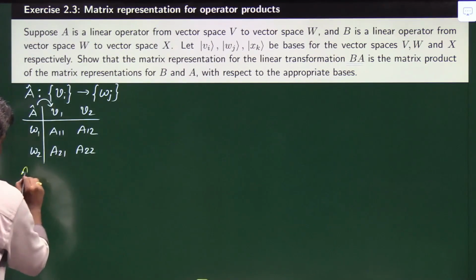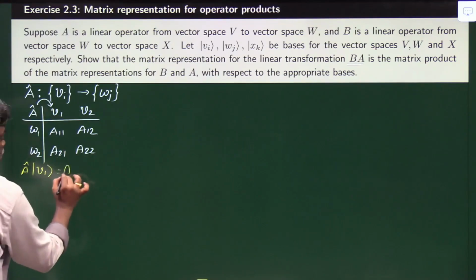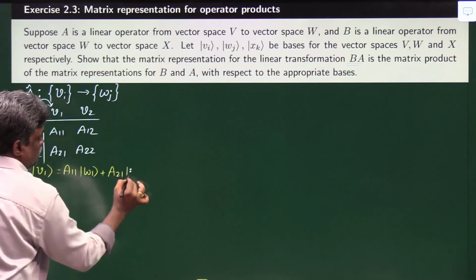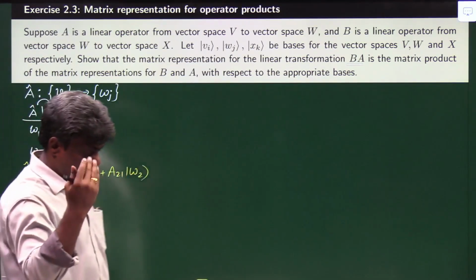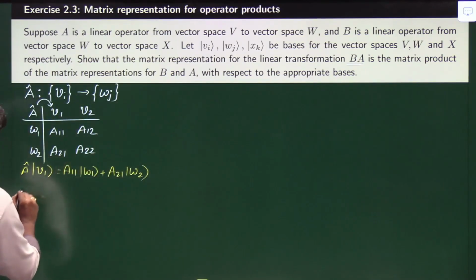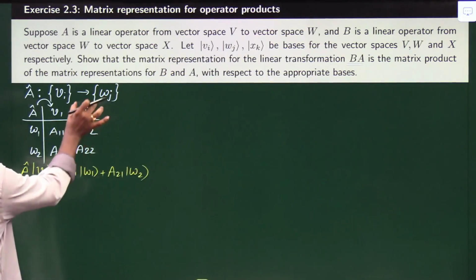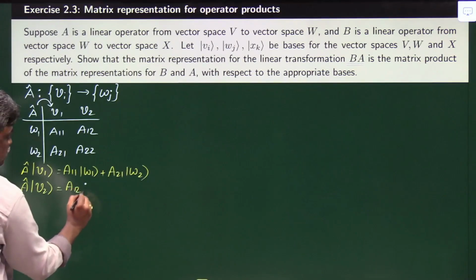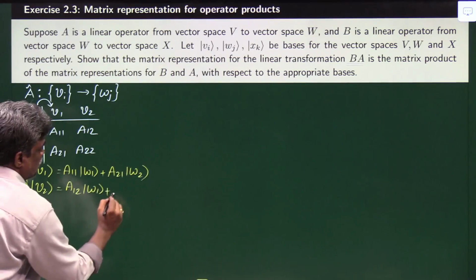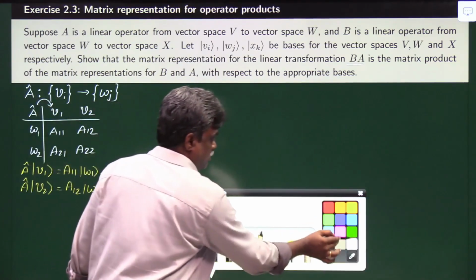Just see this column: A11 W1 plus A21 W2. Later, whenever we are doing quantum circuits also, this notation is very useful. Please learn it here. So A operates on V2. See, this is the second column: A12 W1 plus A22 W2. Now let us take the B operator.